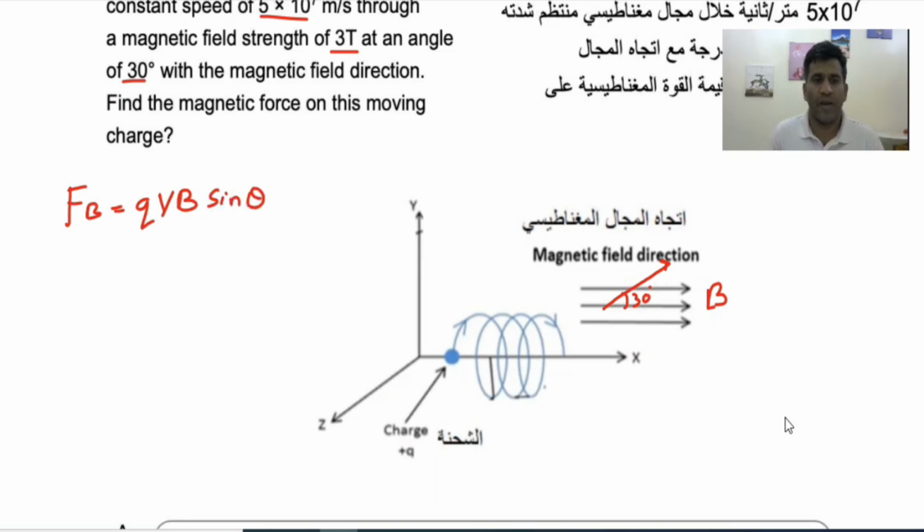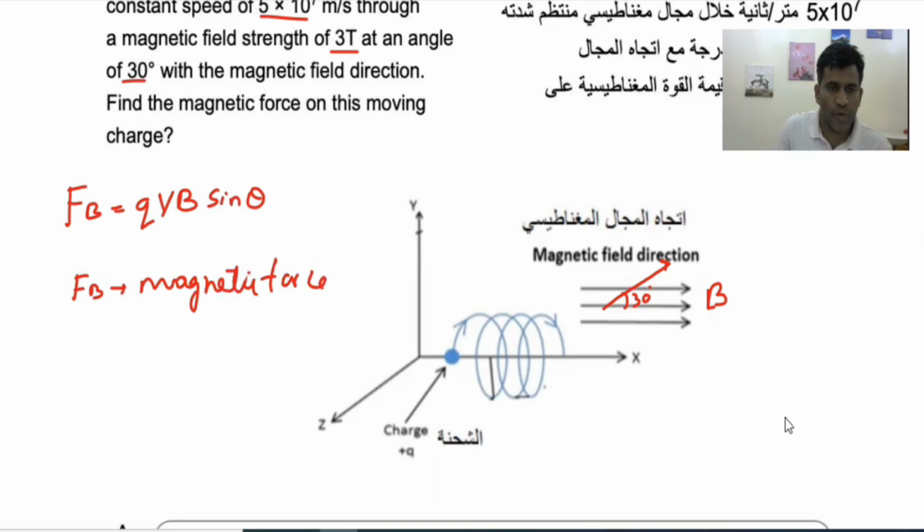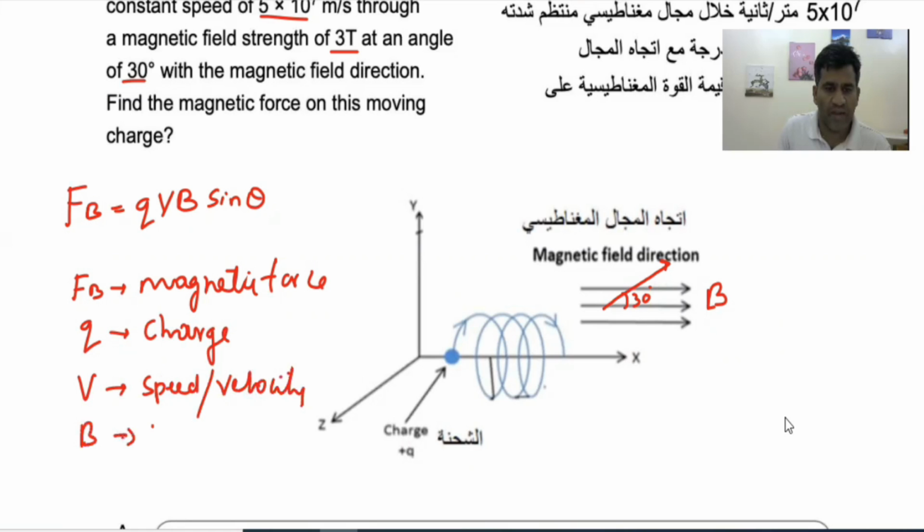FB is equal to QVB sine theta, where FB represents the magnetic force, Q is the charge, V is the speed or velocity, and B is the magnetic field. So all the values are given to us.